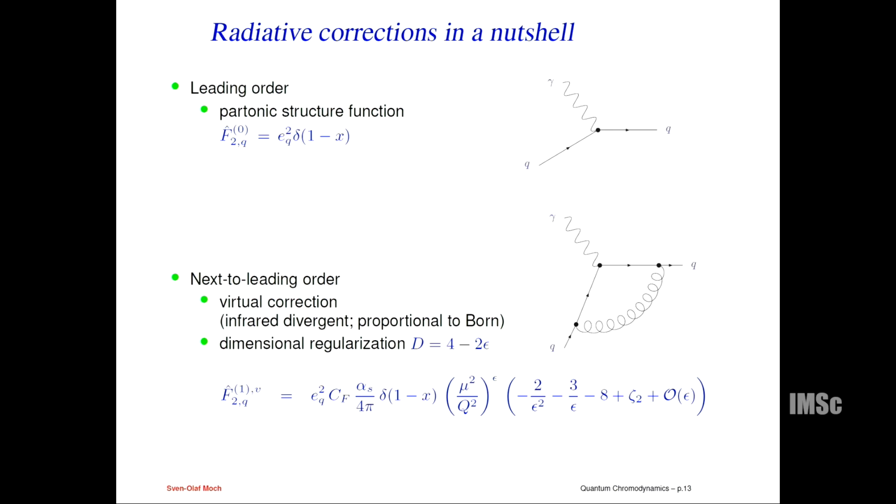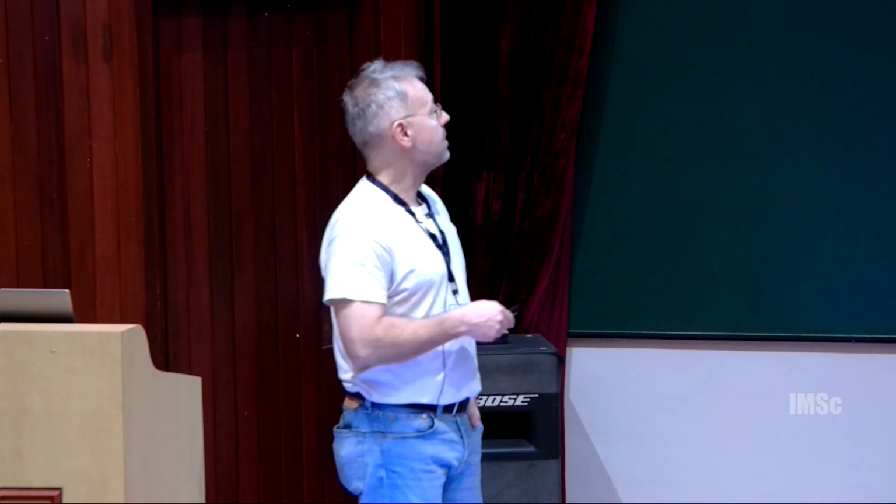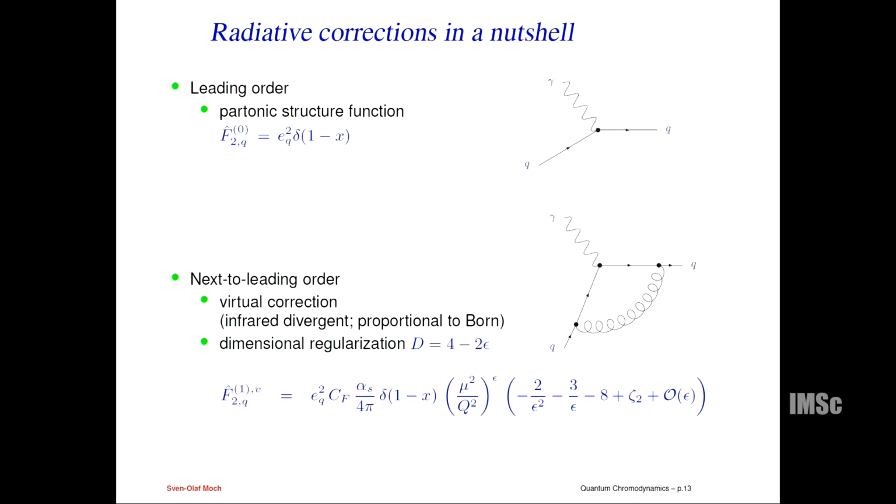Now the virtual corrections are simple, because it's the same diagram that we have considered already yesterday. It's just now different kinematics. So yesterday we have considered a photon going into a q qbar pair, and there was a gluon exchange, and now we consider the photon and a quark scattering, and they have a virtual gluon exchange here. So it's this loop diagram here. It's the same expression as yesterday.